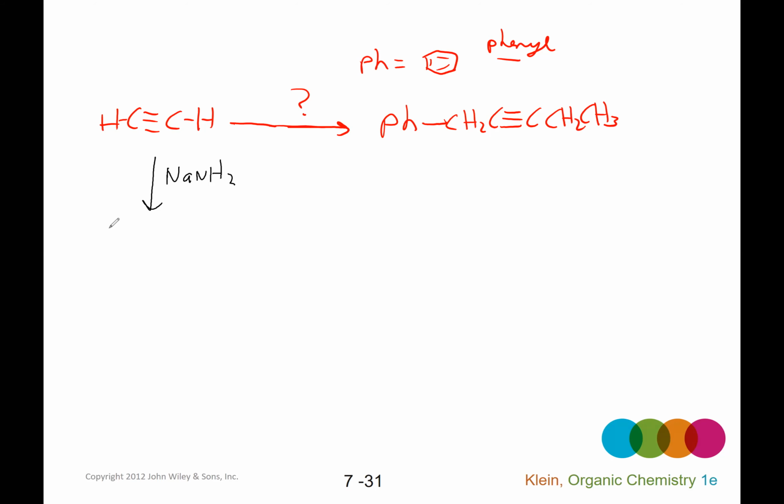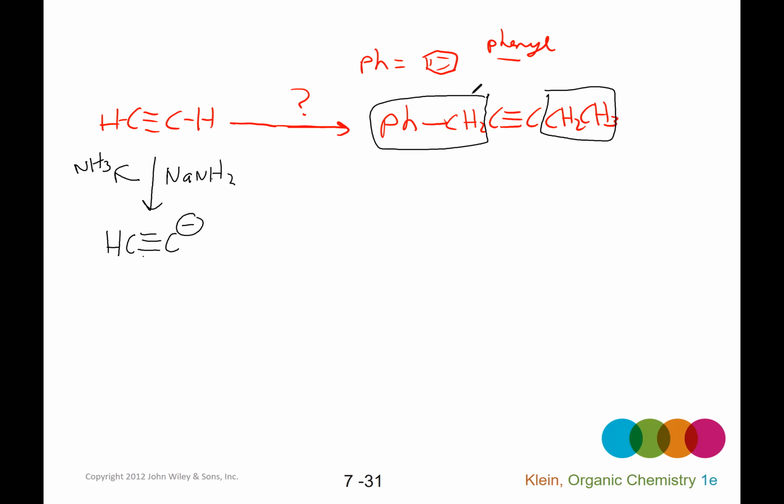We use the sodium amide, right? There's the alkynide ion. The NH2 picks up the H and forms ammonia, but you don't have to show that. Just show the product. And now, look, we added an ethyl group to one side of the triple bond. And then on the other side of the triple bond, we added that benzene CH2 group, which, by the way, is called a benzyl group.